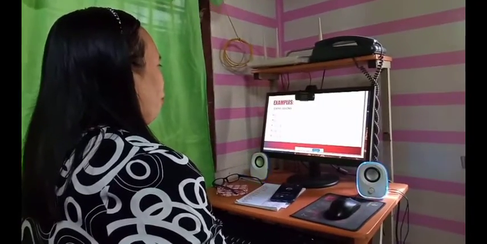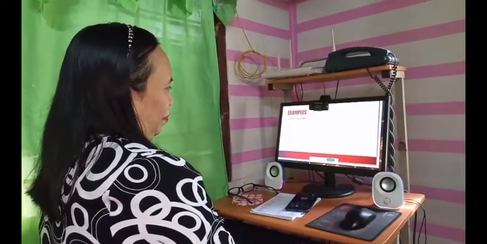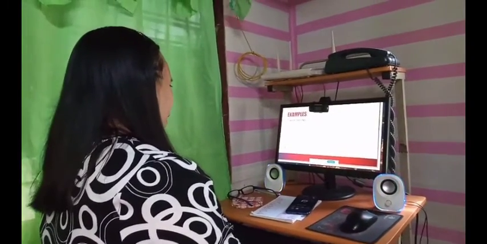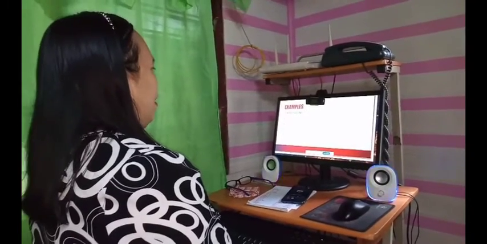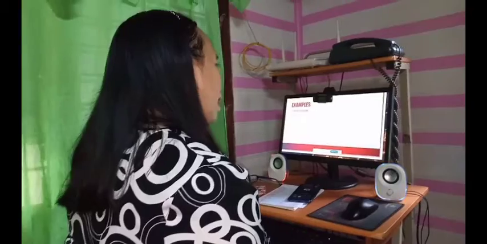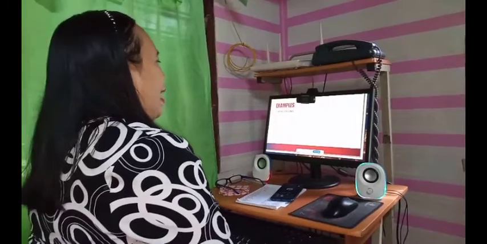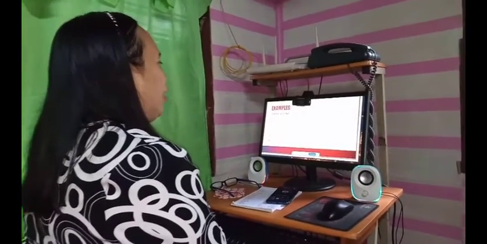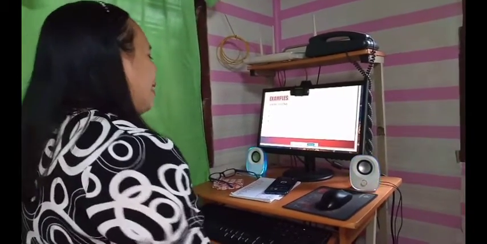Not a polynomial, ma'am, because the variable is inside the radical sign. So if the variable is located inside the radical symbol, it is not a polynomial. Did you understand?